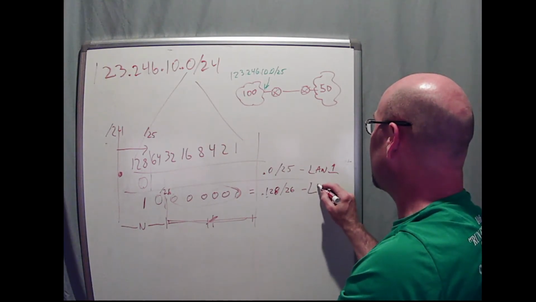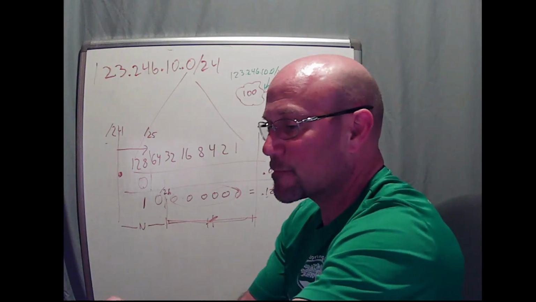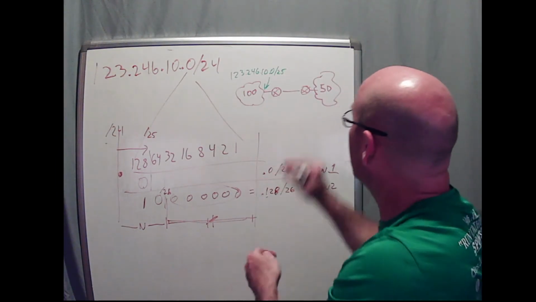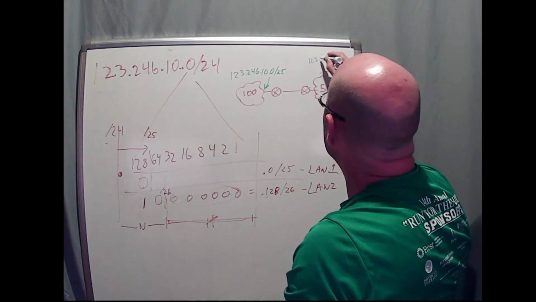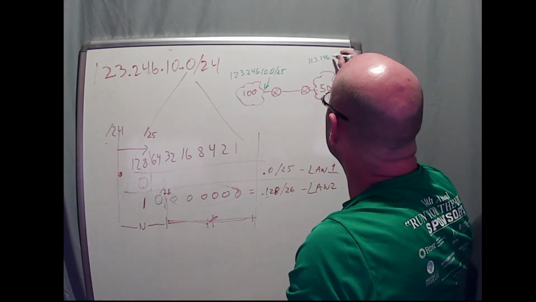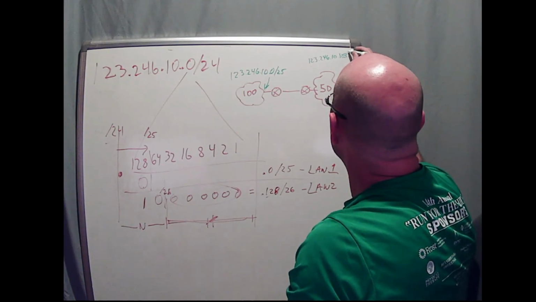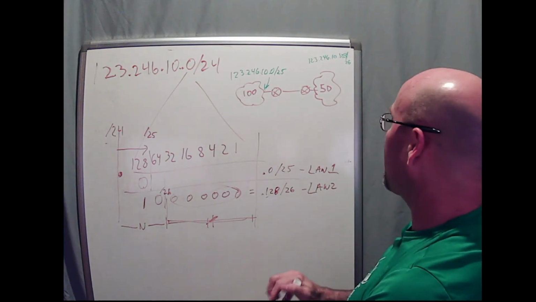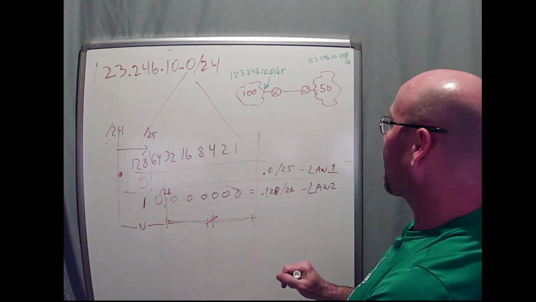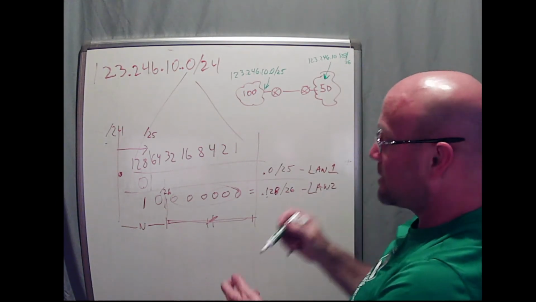This is the network identifier for LAN 2. So we could then say that LAN 2 is 123.246.10.128/26. All right? So that's good. That's the subnet for that.